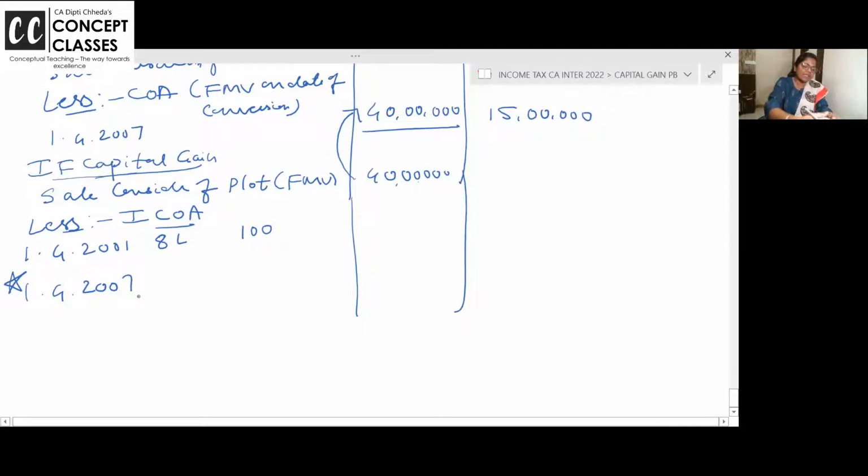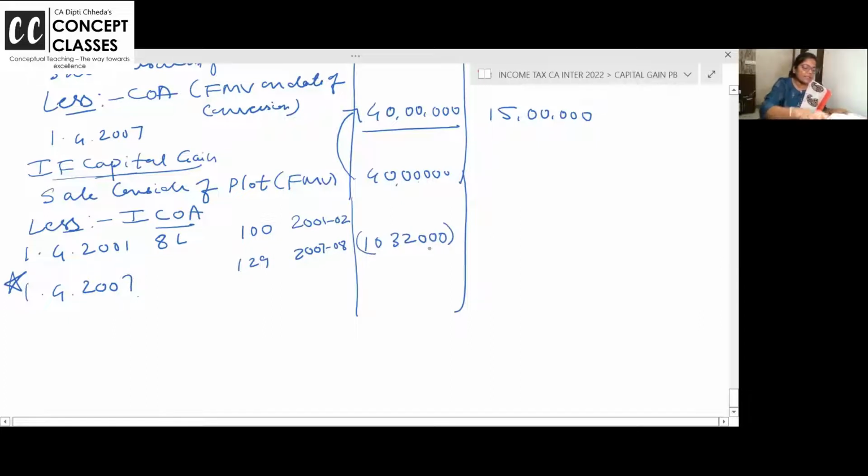Yes, faster than me. 2007-08. 129. Thank you. 8 lakhs into 129 divided by 100 is 10 lakh 32,000.